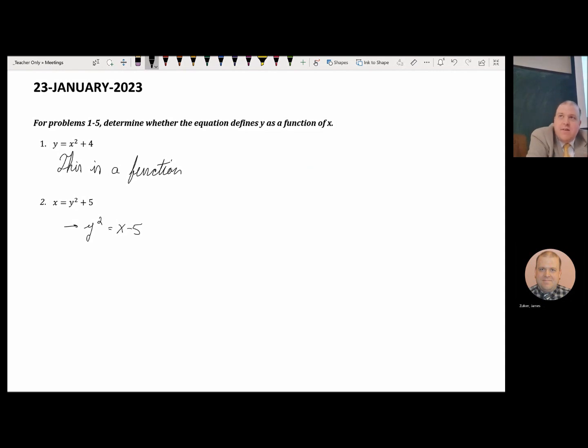So subtract 5 from both sides. And remember, since equality is commutative, the order in which you write it does not matter. x equals y, y equals x, they're the same thing. So now y squared is equal to x minus 5.